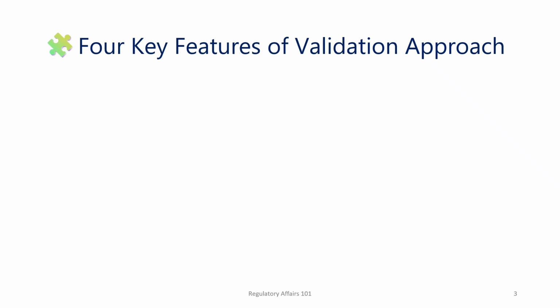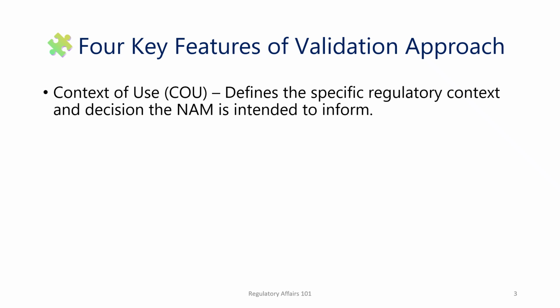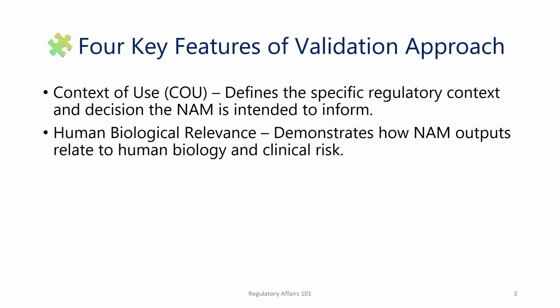FDA highlights 4 key features that support NAM validation. First is context of use, which defines the specific regulatory decision the method is intended to inform. Second is human biological relevance, ensuring the data generated is meaningfully related to human biology.